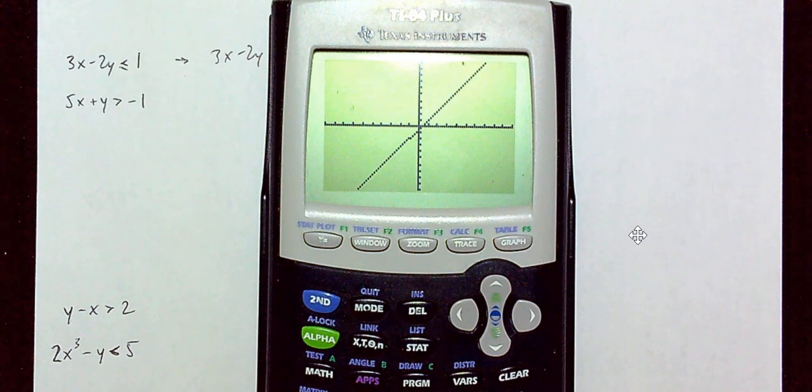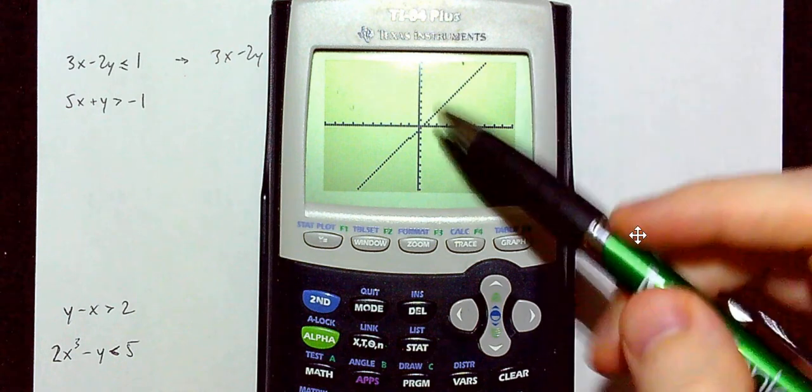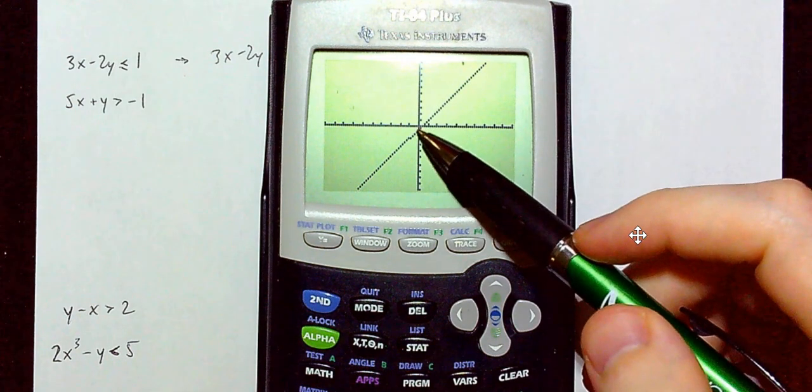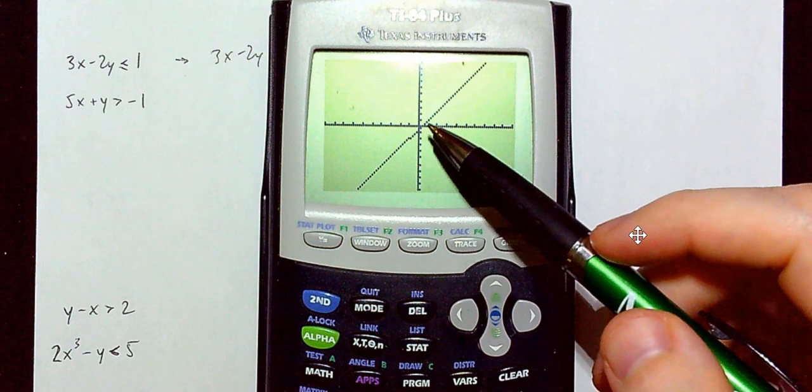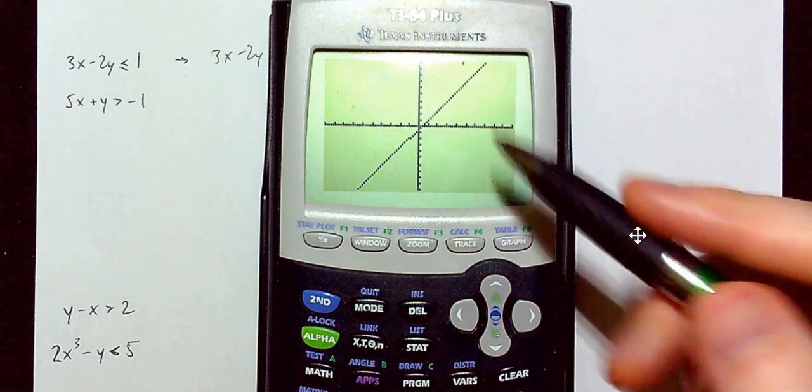Graphing things here, there we go. We see that this line does not go through the point 0, 0. It does get darn close to it, but it doesn't actually go through it.